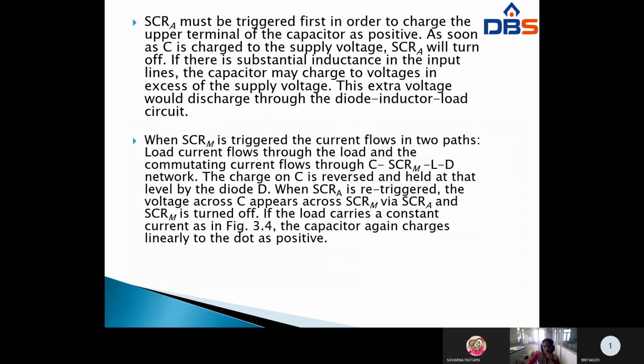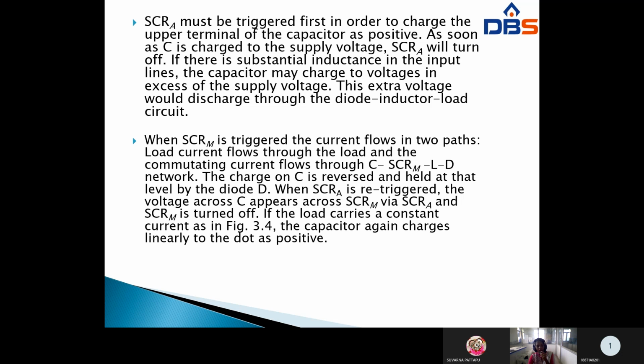The auxiliary SCR must be triggered first in order to charge the upper terminal of the capacitor as positive. As soon as C is charged to the supply voltage, SCR A will turn off.